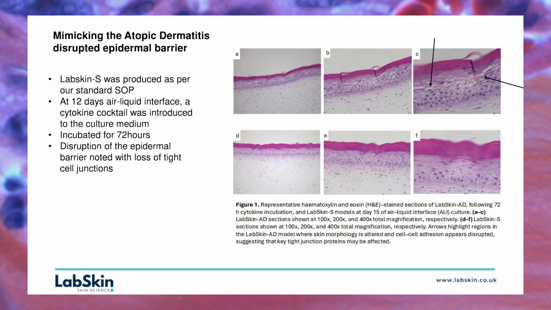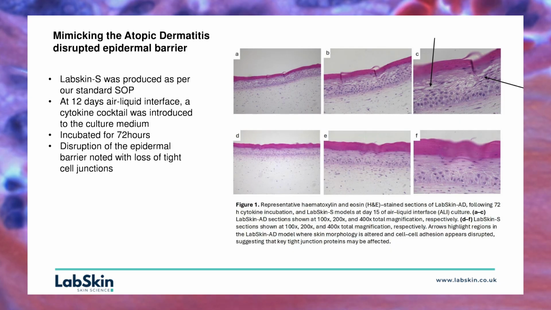So we focused solely on using the cytokine cocktail. Labskin was produced as per our standard SOP for producing normal healthy Labskin. At 12 days air liquid interface, a cytokine cocktail was introduced into the culture medium, and this was incubated for a further 72 hours, and this showed disruption of the epidermal barrier.